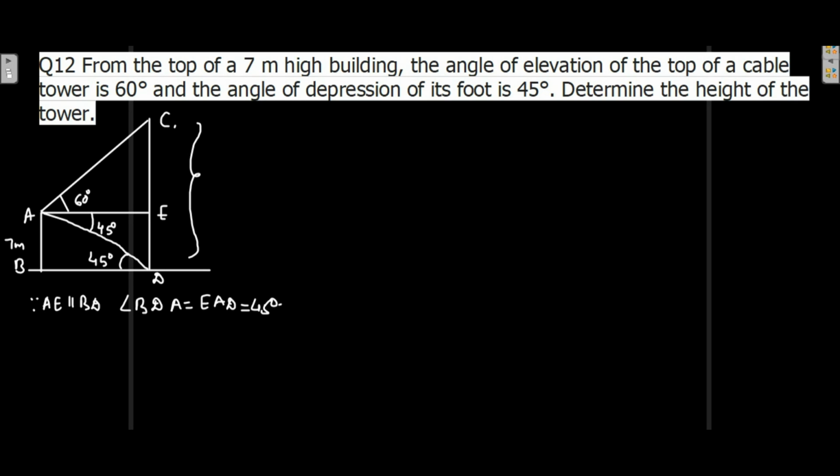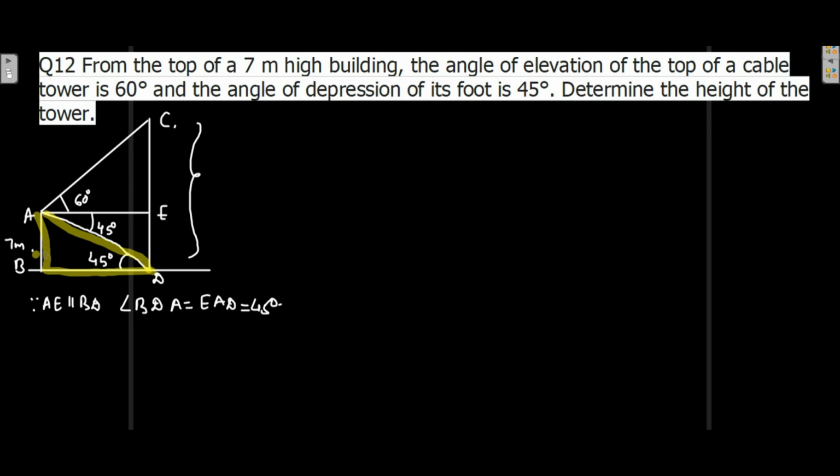In this triangle also we have information, and in that triangle also we have information, but in the lower triangle, that means triangle ABD, we have AB as 7 meters, and also this angle is 45 degrees.